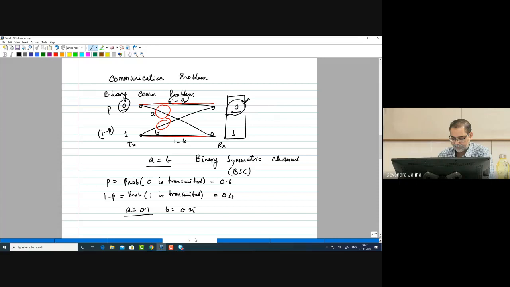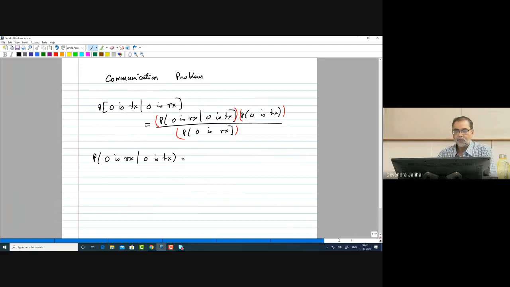Somebody? 1 minus a, and a is 0.1, right? So if 0 is transmitted, the probability that 0 is received is 0.9. Is that okay? Then second factor is 0 is transmitted, this is 0.6, right?